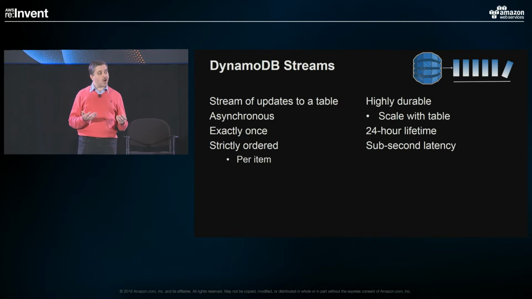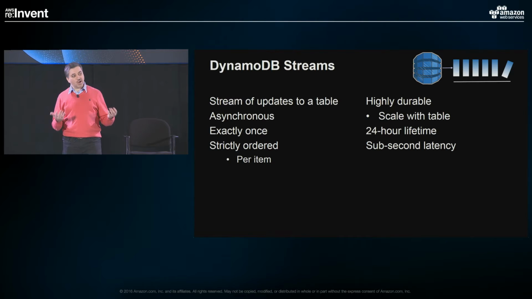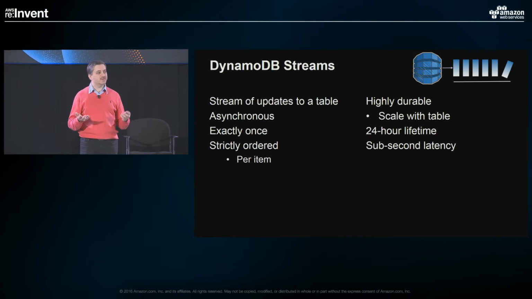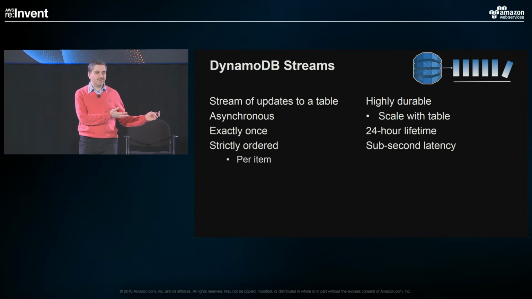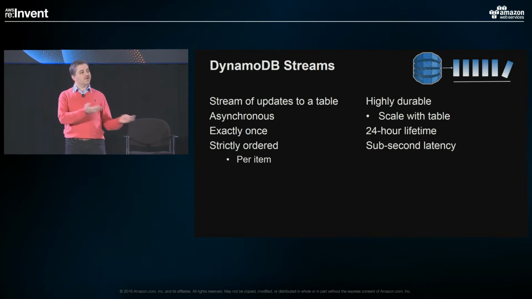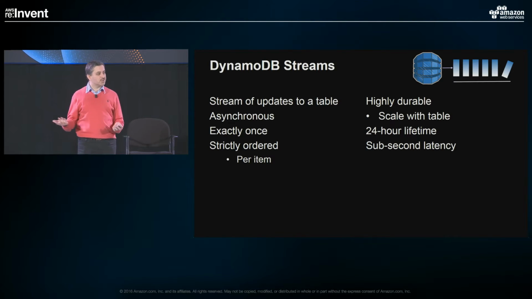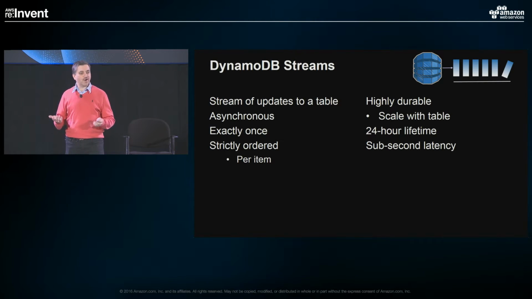And these are strictly ordered. That means you can easily take advantage of applications that require strict ordering capability. In addition, the data within the streams are available up to a 24-hour timeline, in which case your downstream applications can easily use the streams data and leverage that as additional workflows or maybe additional triggers for your applications.